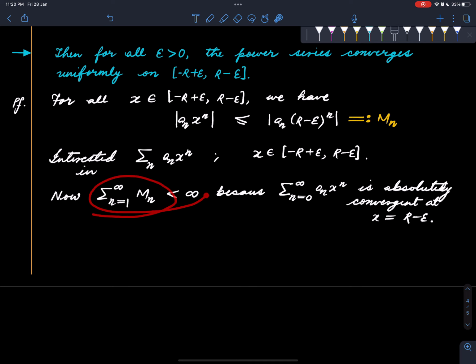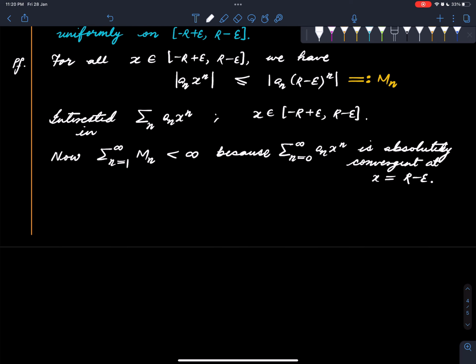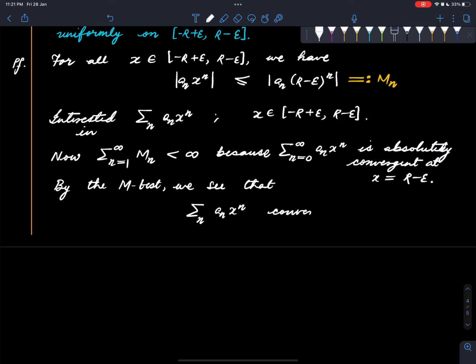So therefore, this is finite, and now by the M test, we see that this converges uniformly in this domain. And this is what we wanted to prove.